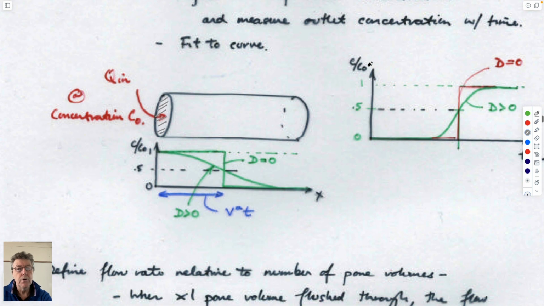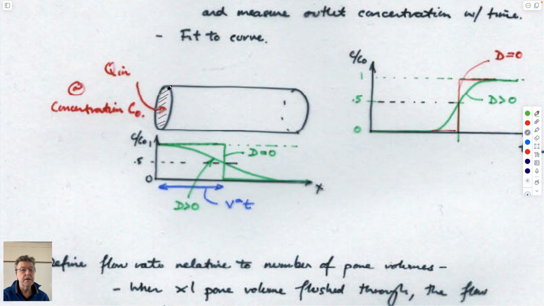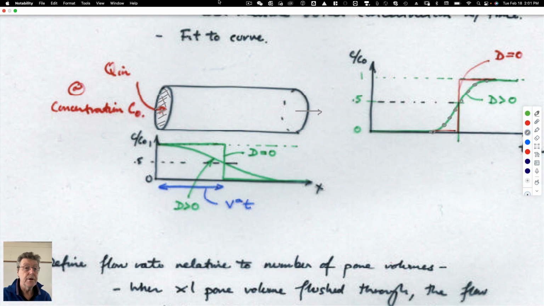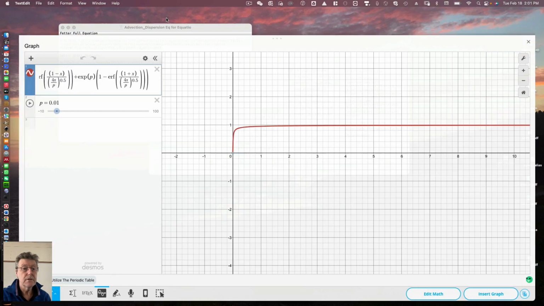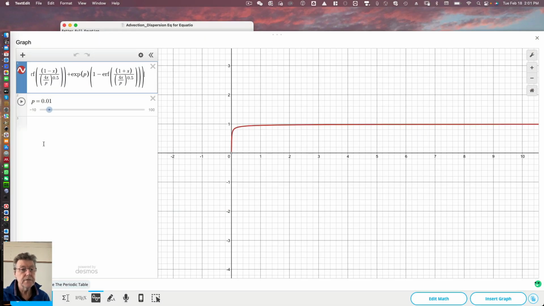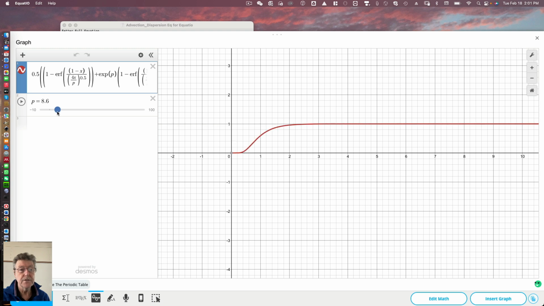So what you do is you apply an upstream concentration, you let it propagate along the core, you measure the outflow, and you plot that outflow in terms of the concentrations when it first arrives, then next arrives, and then you do exactly what we just did with the equation, I suppose. You could imagine trying to fit the arrival time distribution to the shape of this curve.